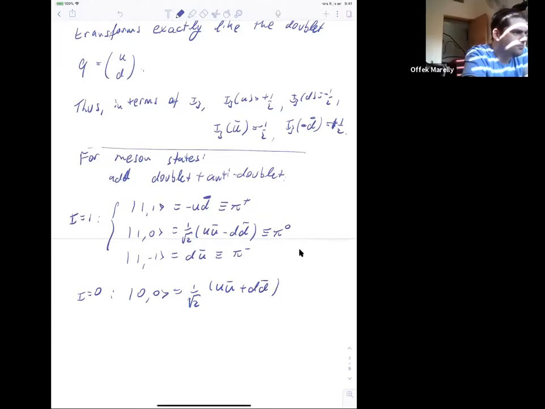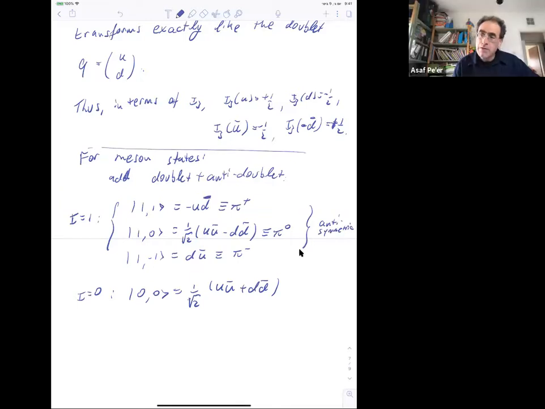If you have a particle that can be an up, anti-up, and down, anti-down, doesn't that annihilate? Won't they annihilate each other? No, it's a quark, anti-quark. They don't annihilate. They produce the mesons. This is how a meson is made, a pair of quark, anti-quark.